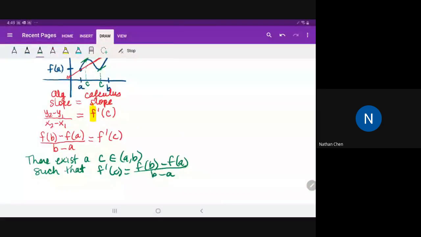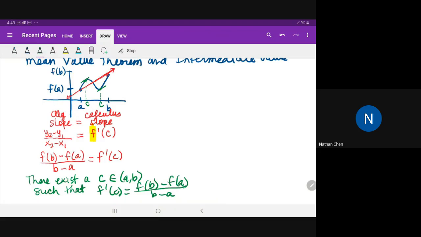Now, there's some conditions, though. So you do have to know your conditions. Okay, the conditions for the mean value theorem is you need to be continuous on the closed interval. That's number one. And number two is you need to be differentiable on the open interval.